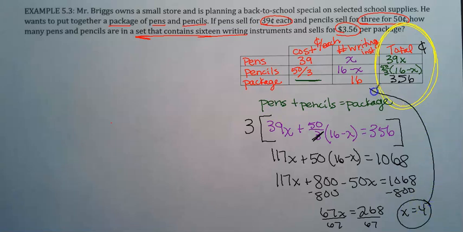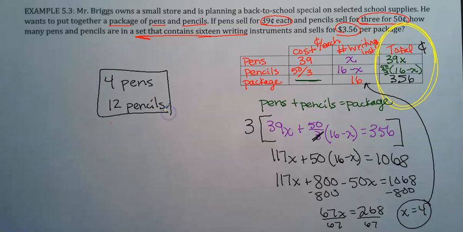Plug that back in to your chart. So I need 4 pens, and 16 minus 4 is 12. So I would need 12 pencils in each pack. All right, let's see if we answered the question: how many pens and pencils are in a set that contains 16?